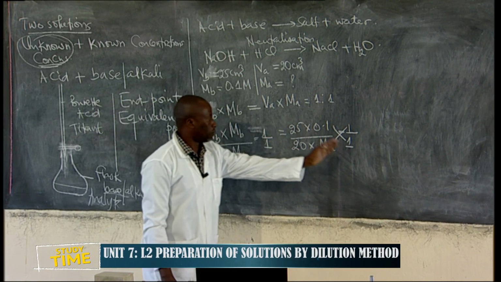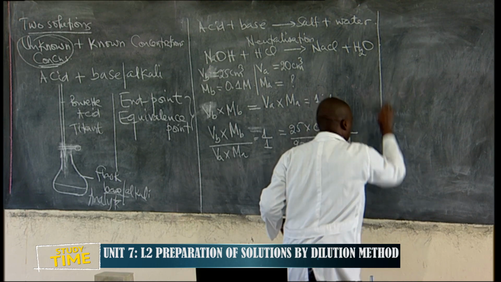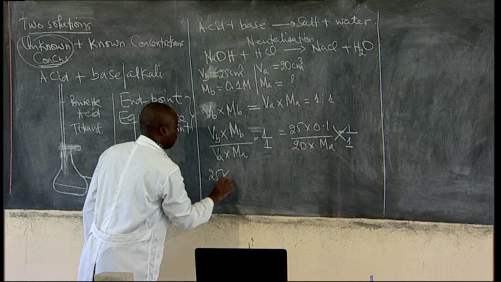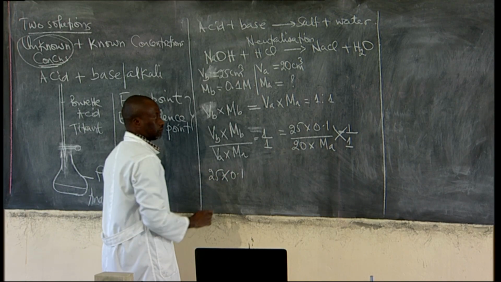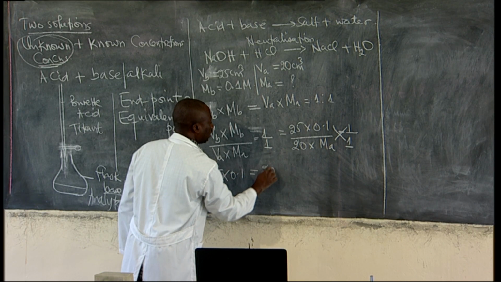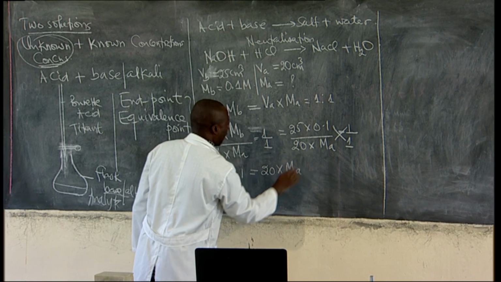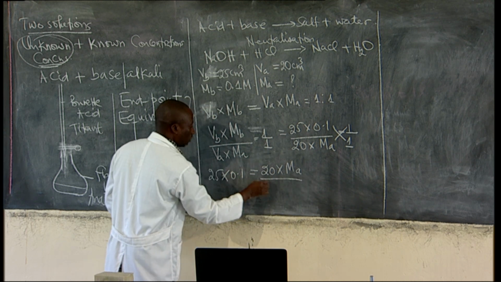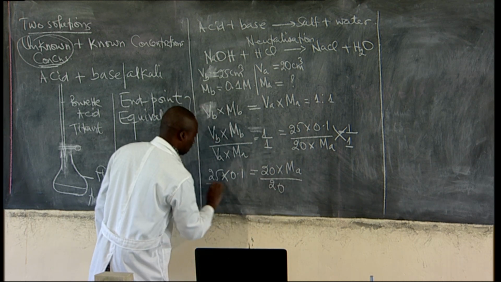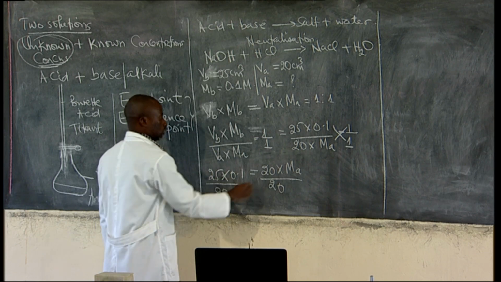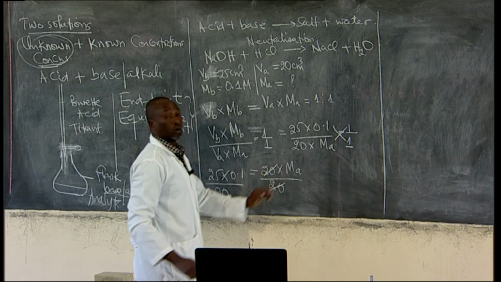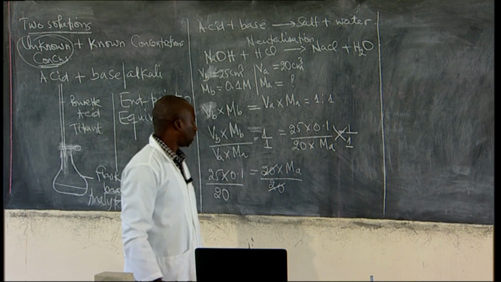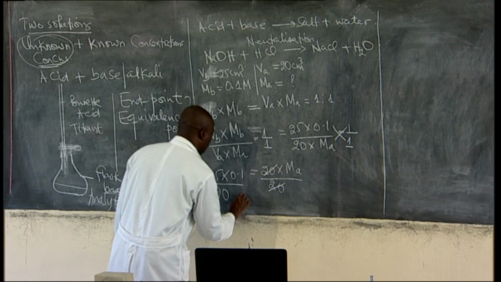So when you multiply here, you get 25 times 0.1 equals 20 times MA. So you look for the MA. You divide by 20 both sides, so you remain with your MA, the molarity of the acid, which is hydrochloric acid.